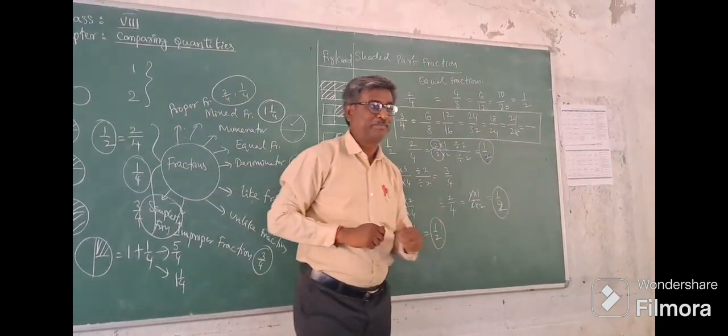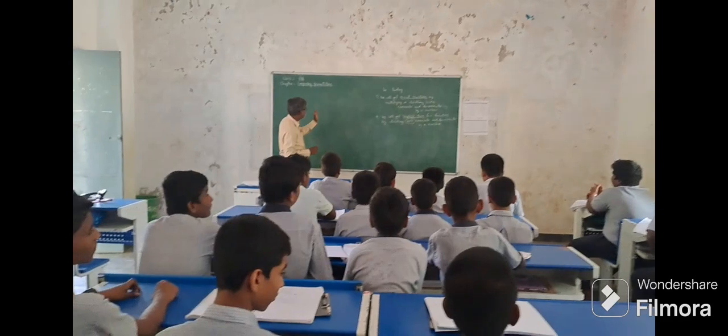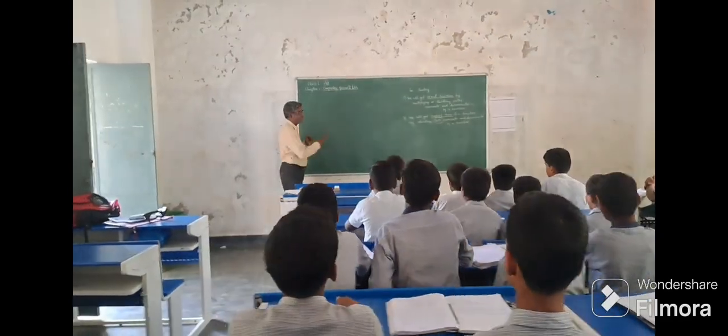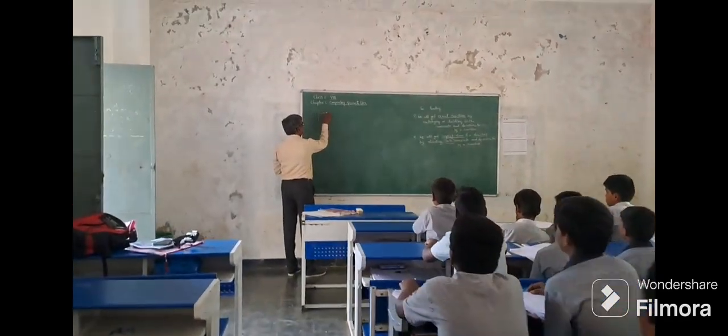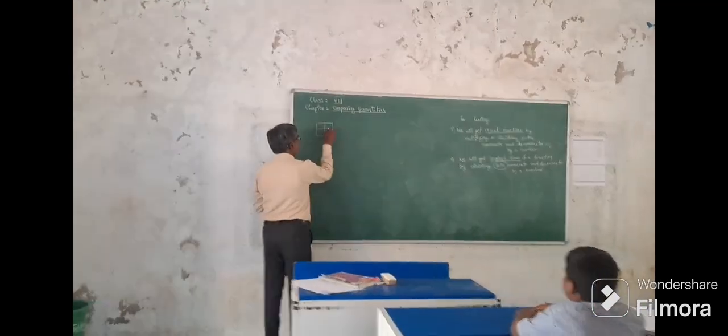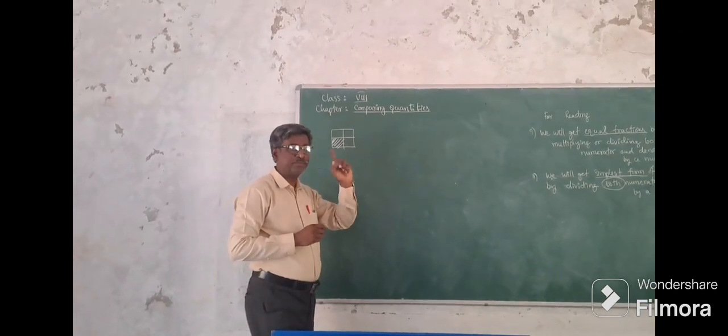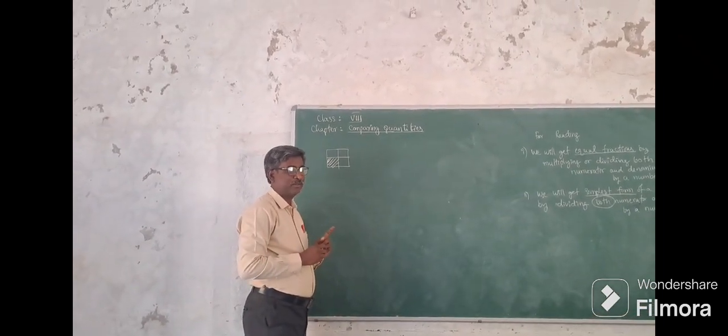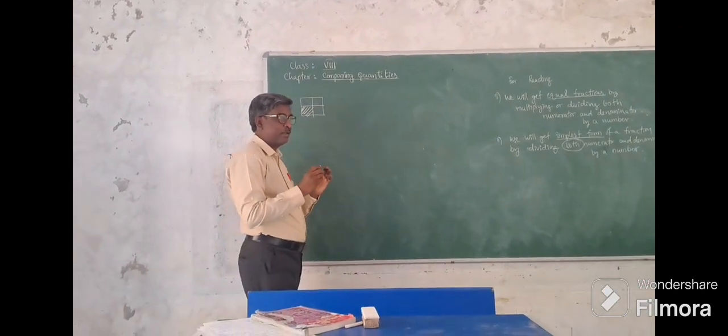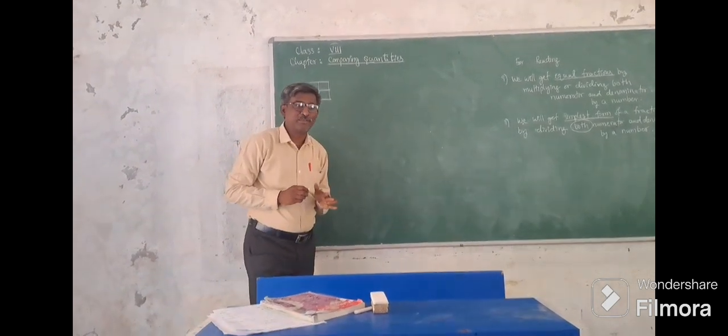Okay, start writing. So now let us observe a thing. How many shaded parts are here? One, only one. And how many unshaded parts are here? 3.